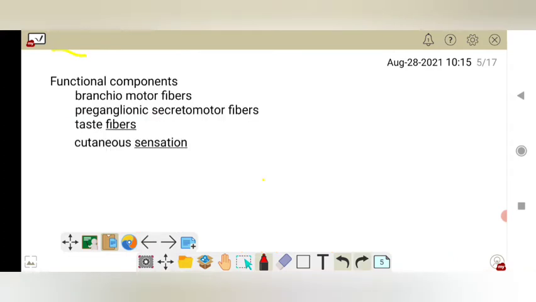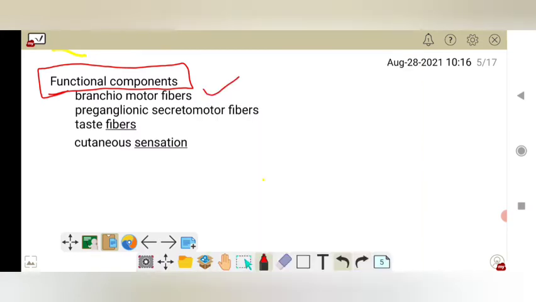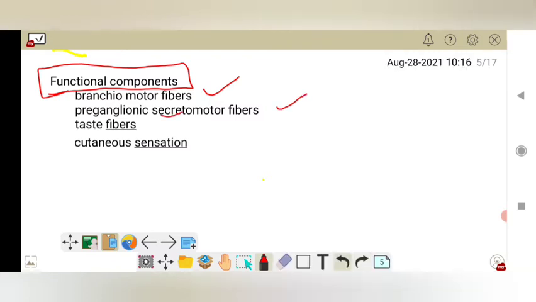Now, functional components. When we study a nerve, first the type of nerve, then the fibers it contains, then the functional components of the nerve. Functional components of facial nerve: it contains mainly four types of fibers. First is branchiomotor fibers, second preganglionic fibers, then taste fibers and cutaneous sensations.